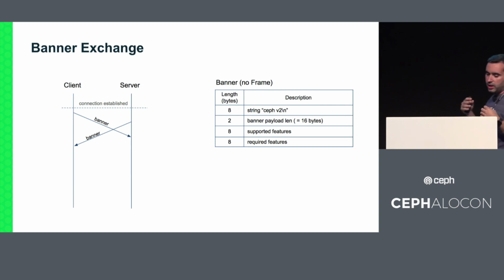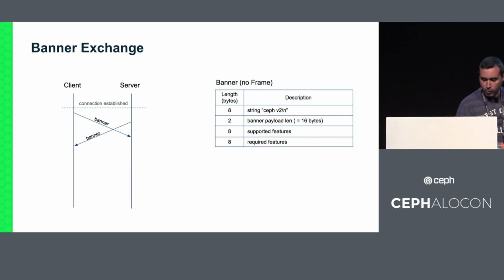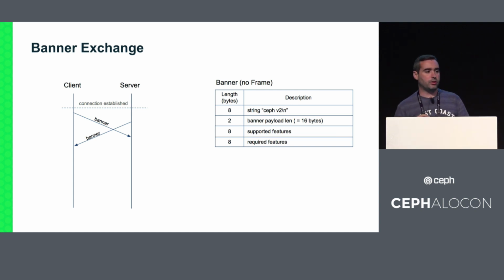It's a message that has a simple, readable string called ceph v2. And then afterwards, we tell the banner length, so how many bytes our banner takes. And currently, we are just sending 2 bit masks. What are the supported features of this peer, and what are the required features?